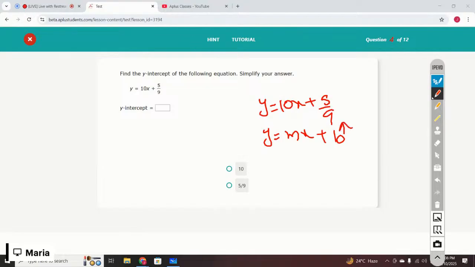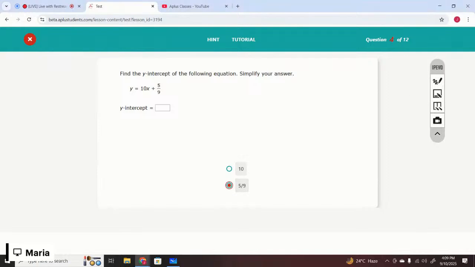So the y-intercept is 5 by 9. The correct option is 5 by 9. Option number 2 is the correct option.